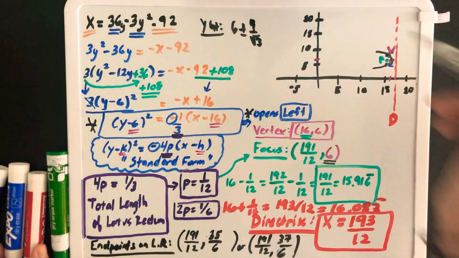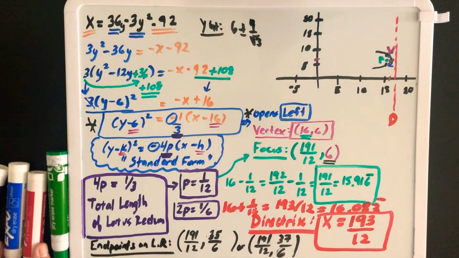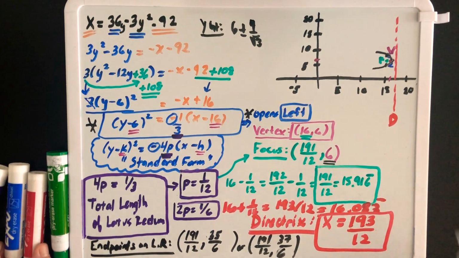Let's see where they look like on my graph here. I'm looking at my Desmos real quick, and you can check yours out too. Those numbers turn out to be, let's see, sorry I'm so slow here. Zoom out. Okay, here we go: 8.309 and 3.691.